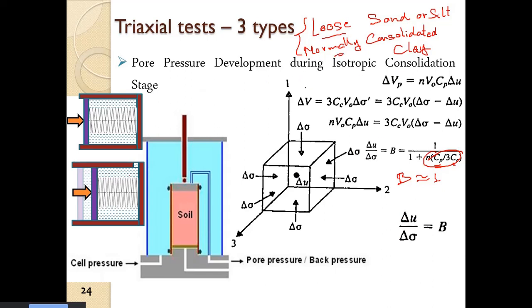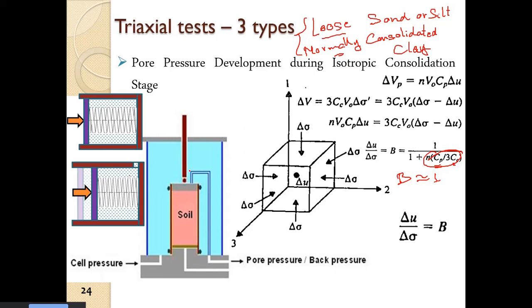Now, what will happen when the soil has already been consolidated, or has already been subjected to a higher magnitude of effective stress prior to the test condition? Whatever we are applying in the test, it is subjected to a higher amount of effective stress at the beginning itself.